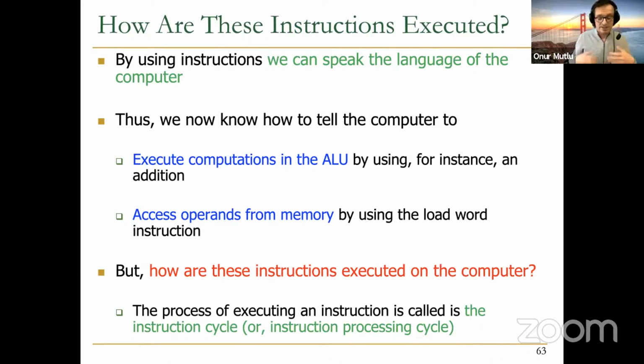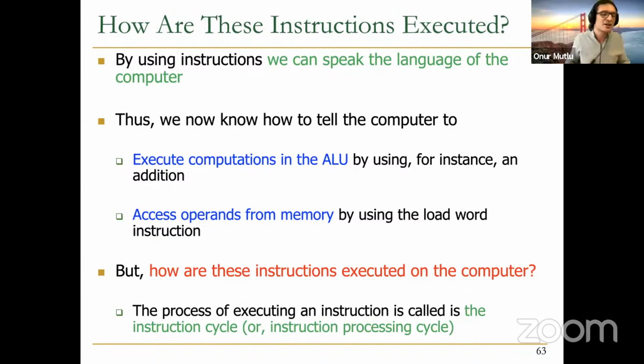Essentially, the computer follows a very rigid and simple principle. It has an instruction cycle and it keeps repeating it. It's called an instruction cycle or instruction processing cycle, not to be confused with a clock cycle. An instruction processing cycle may take multiple clock cycles or a single clock cycle. It has nothing to do with the clock cycle. This is really how the machine executes an instruction.